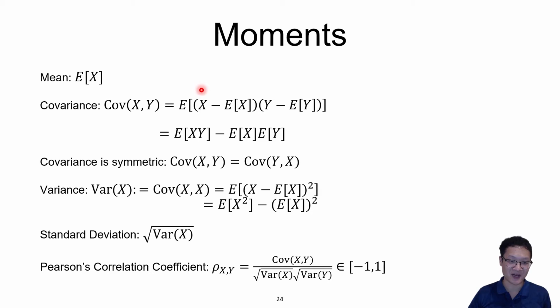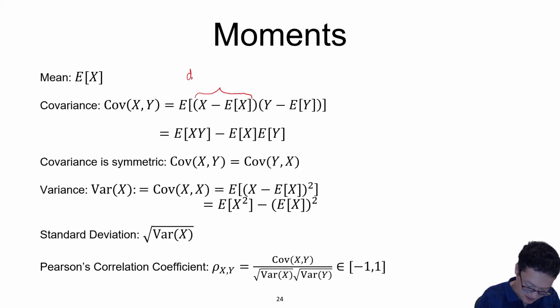Because we have some randomness in the x and the y, we're now going to take the expectation of the entire thing. So what exactly does that mean? Basically we're multiplying the deviation of the random variable x from the mean. So x minus e of x is the deviation from mean. Okay, how about we write this down?